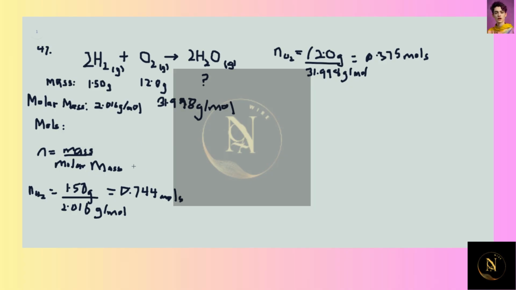If, for instance, hydrogen is the limiting reagent, all of the hydrogen is going to react with the oxygen to give us water. So we can be sure that the moles of the water is equal to the moles of the limiting reagent, which is hydrogen. So we need to first determine what the limiting reagent is.